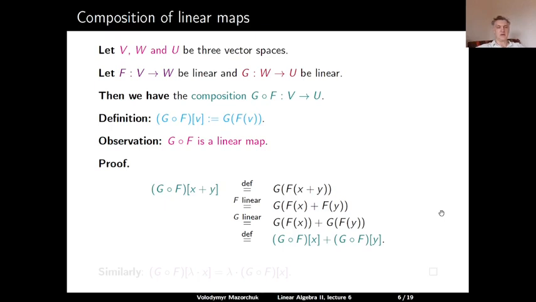And similarly, one shows that the composition of G and F applied to lambda x is equal to lambda times the composition of G and F applied to x. In other words, this shows that the composition of G and F is a linear map.